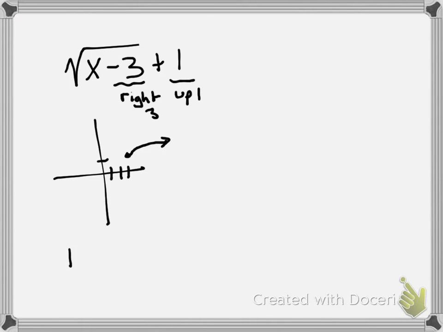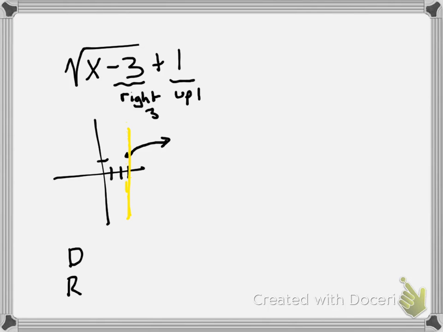Now, domain and range. Domain is your possible x values, and when you look at this graph, it goes forever to the right. I'm going to use a yellow, I guess. And I'm going to go forever to the right, all the way until I get to there on my x-axis.